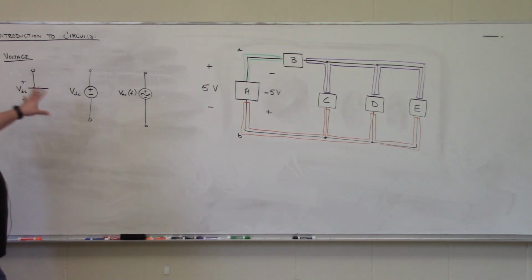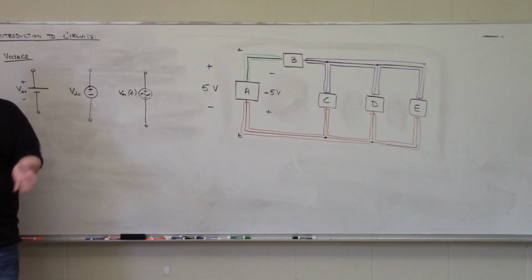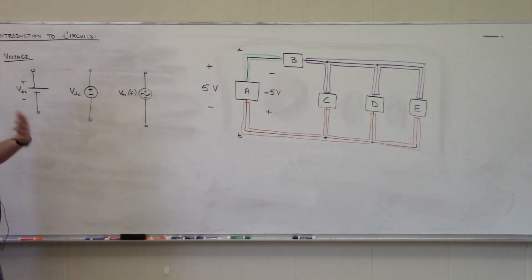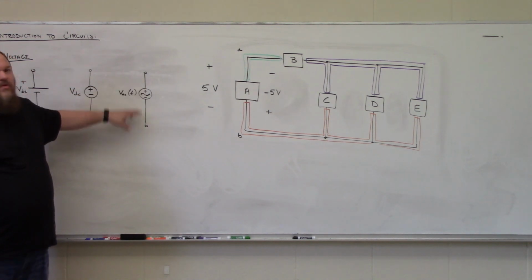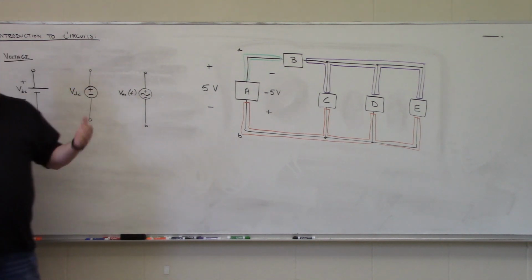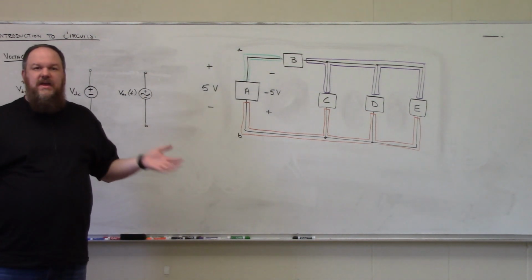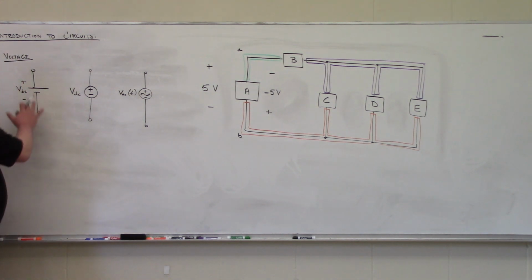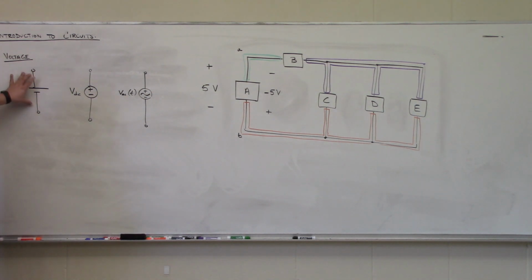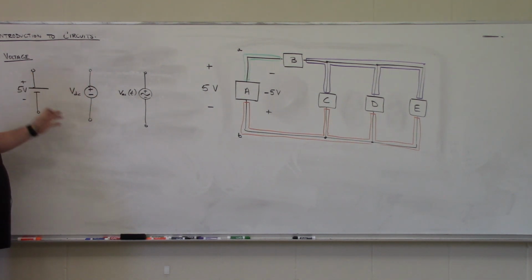So these are our three types of what are called independent voltage sources, okay? And an independent voltage source means that the voltage drop over the terminals of the source is independent of any other quantity in the circuit. So that means that if, let's say, I had a 5-volt battery, this battery is supplying 5 volts regardless of what is connected to the battery itself.